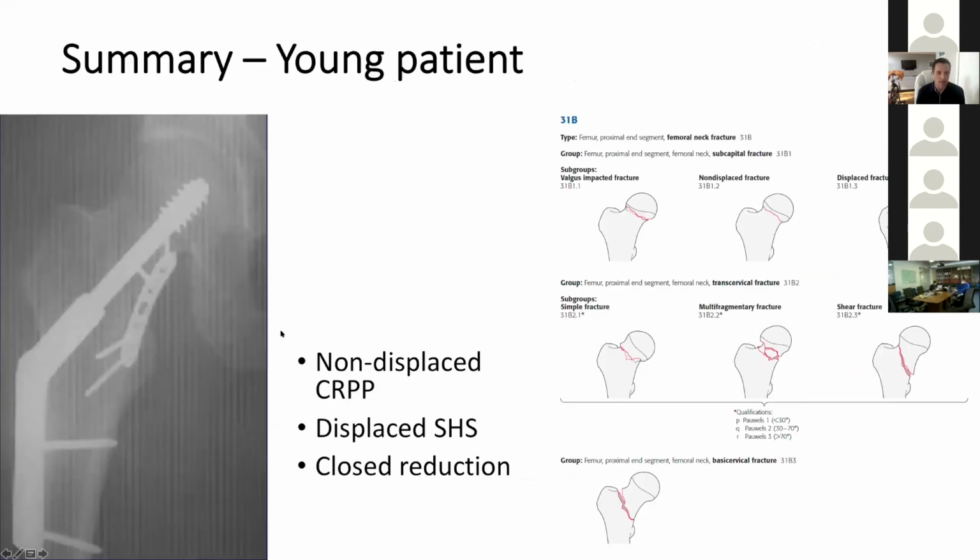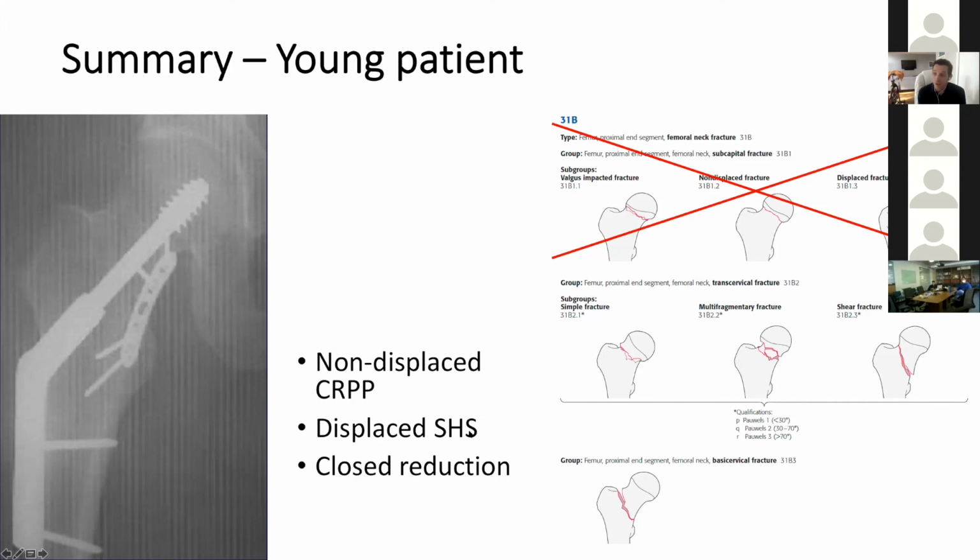All right. So in summary, young patients don't have this type of fracture. They have the transcervical fracture, not the mid-neck fractures, not the subcapital fractures. If they're non-displaced, you just put cannulated screws. If they're displaced, you should be doing probably a plate and sliding hip screw construct.